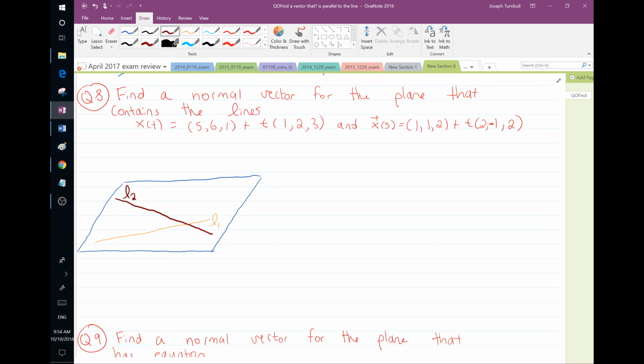And what we're asked for is the normal vector. And the way we get N is we take the cross product of the two direction vectors for the lines.